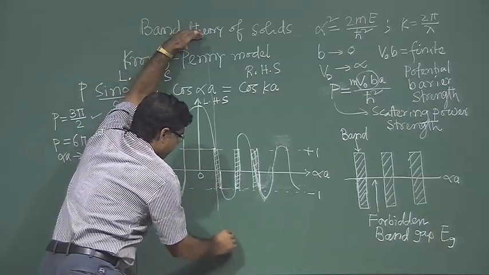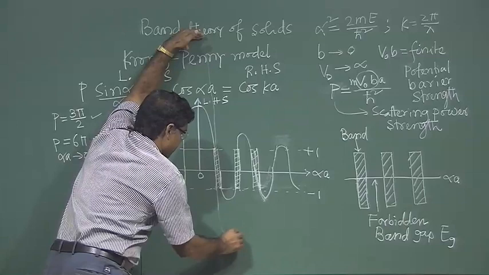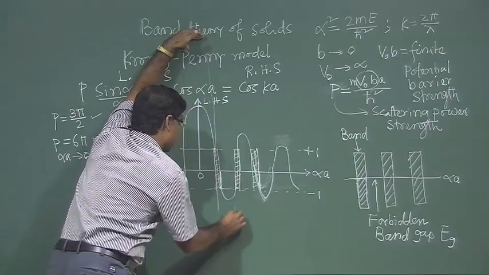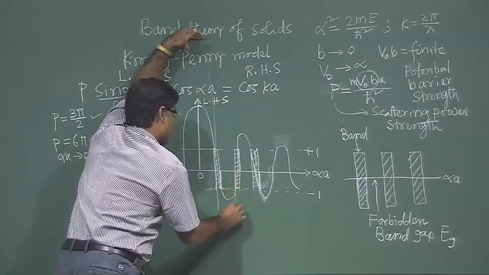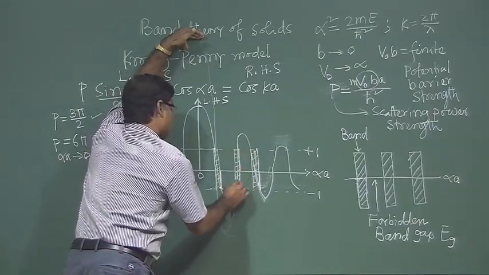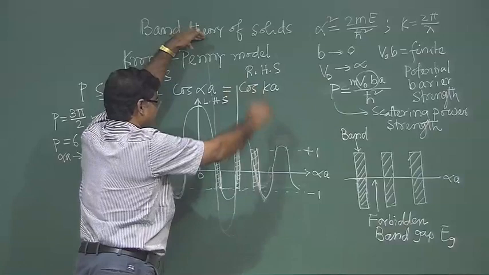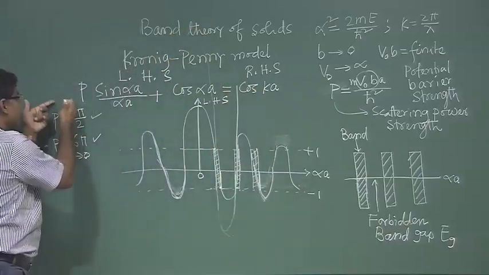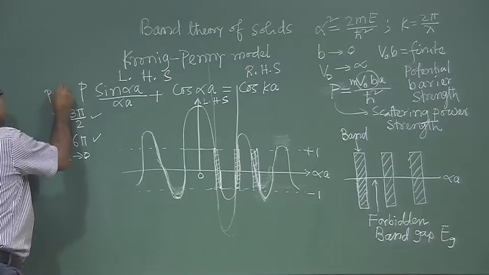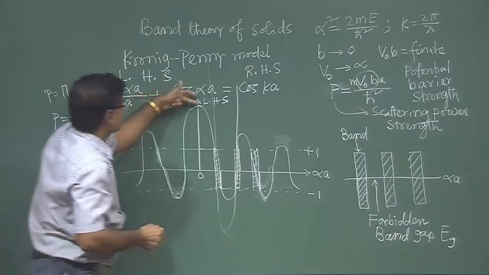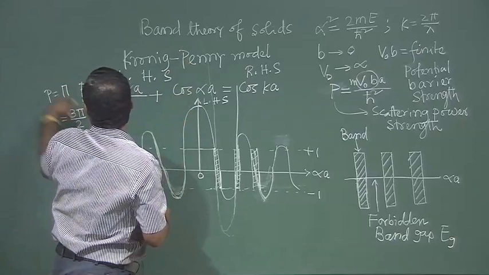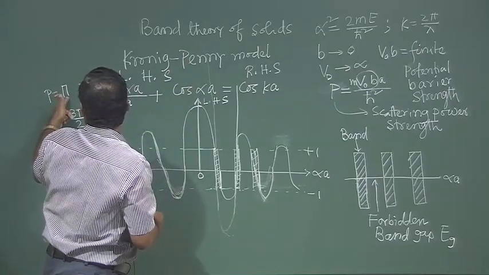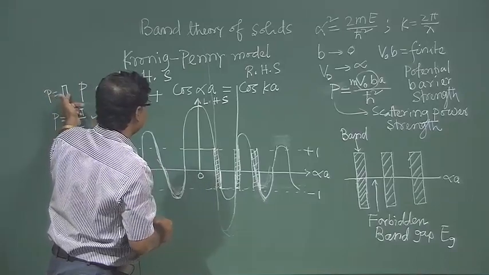It is a high value, so its variation will be very sharp. Okay. When this value is smaller, say p equal to pi, it is around 3.14.